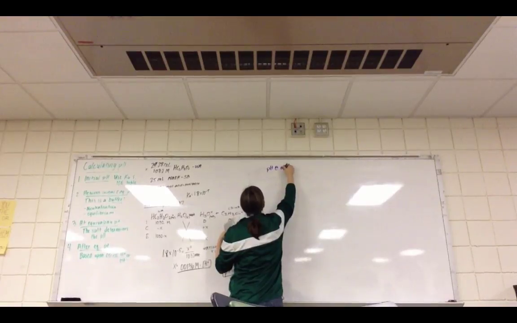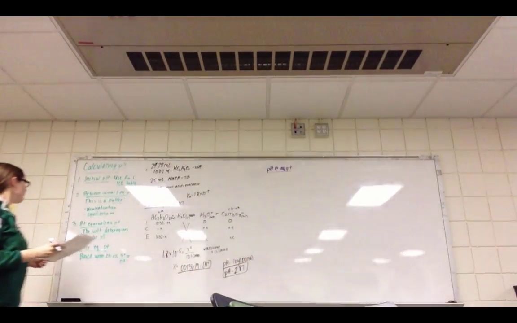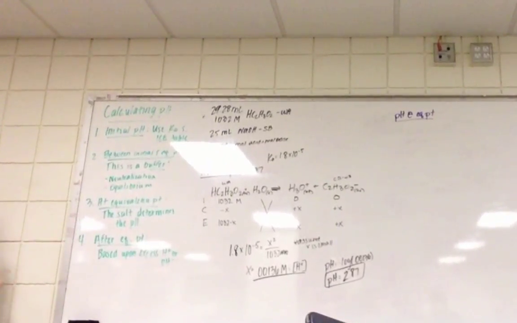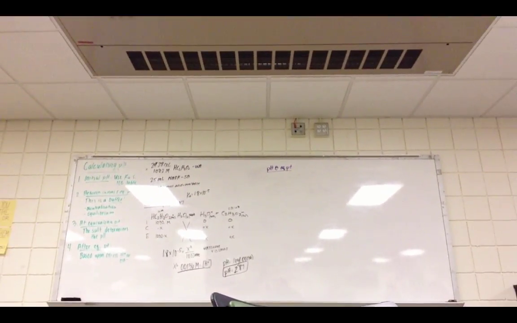So remember, at the equivalence point, the salt determines the pH, because this is a strong base, weak acid titration. So let's just think about it first, so we have an idea where we should see our pH.